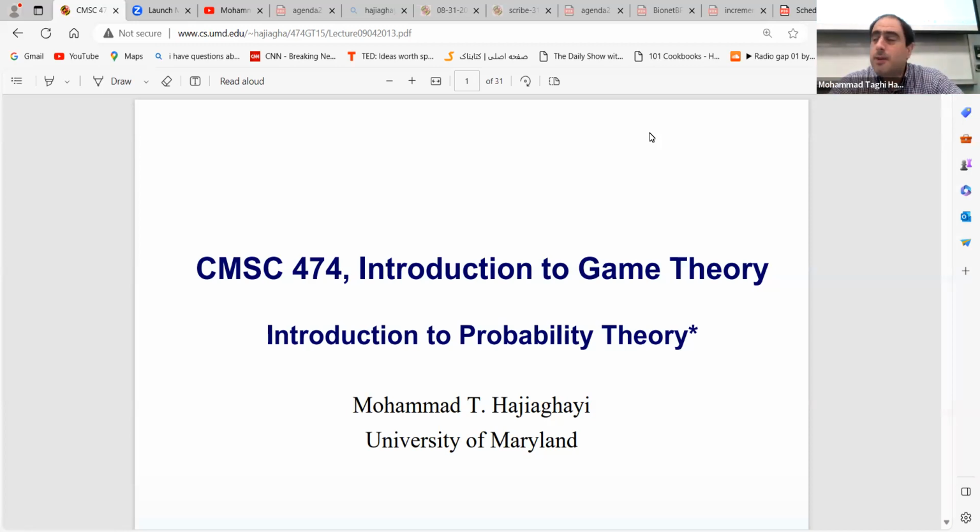These are two very basic things that we need for game theory. Later, we will continue with the regular discussion of the games, normal form games, equilibrium and lots of other stuff. You can also take a look at my other class, Introduction to Algorithms, where these materials on probability theory are available.